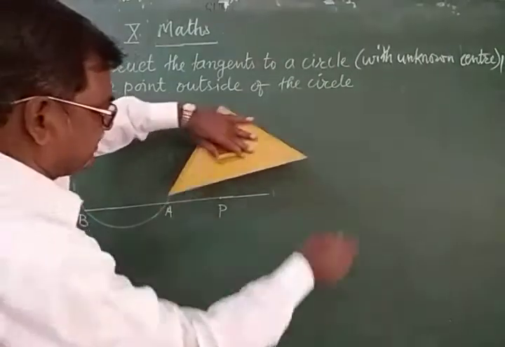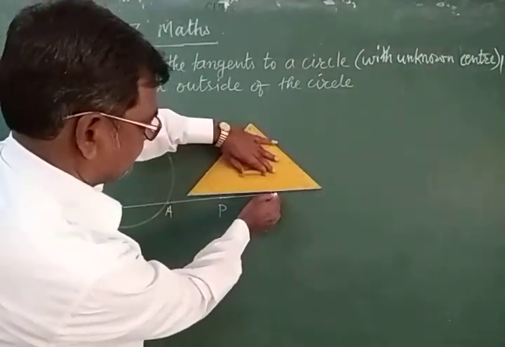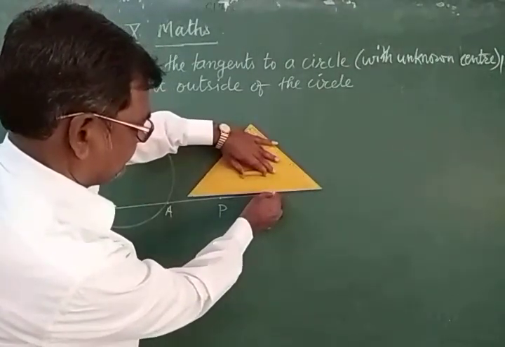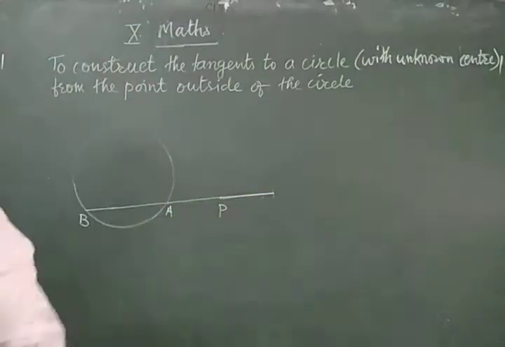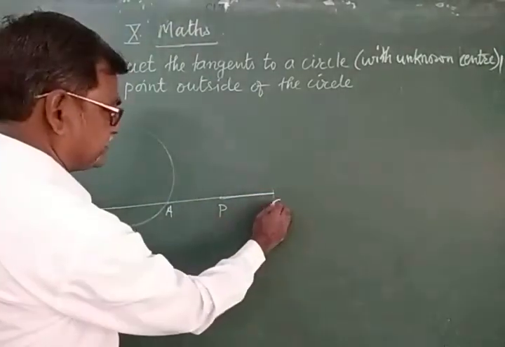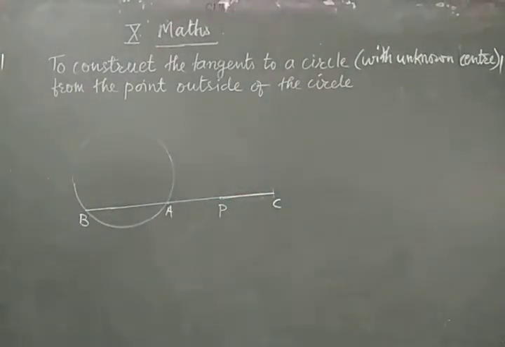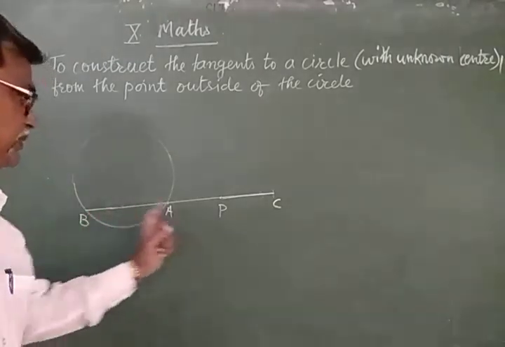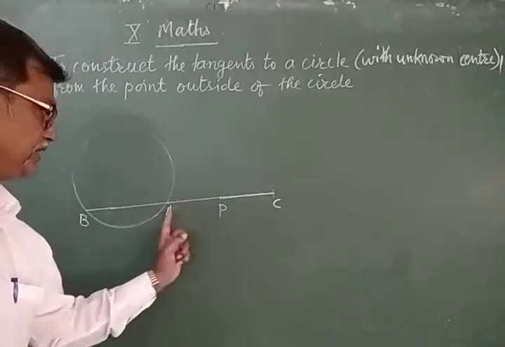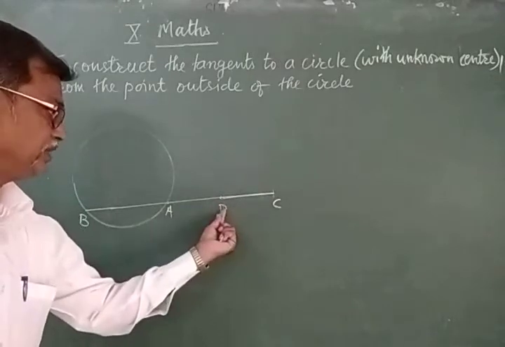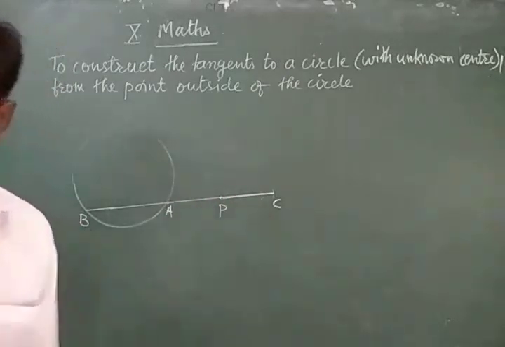It means P is the midpoint of AC. These two are equal. First step is draw secant PAB and then produce BP to PC such that PA is equal to PC. P will be the midpoint of AC.